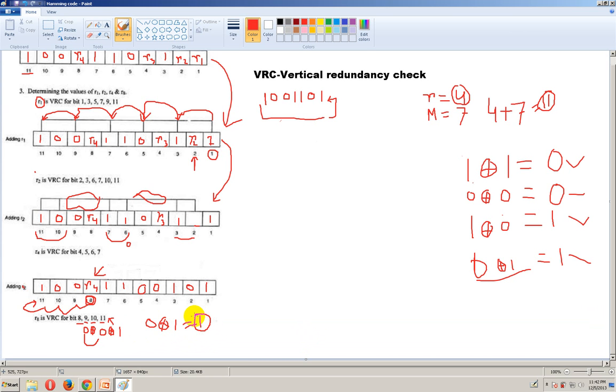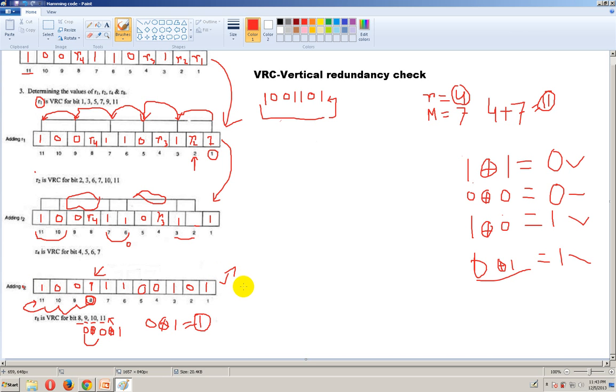So we get the 1, so for r4 we replace this r4 with 1. So at last we get the final bit position. So what data do we actually get?